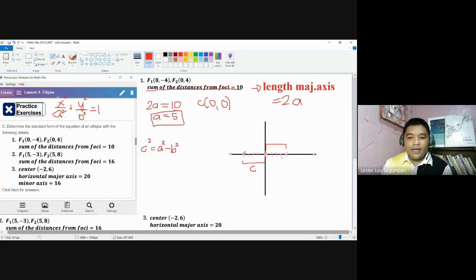The distance is 4, so the value of c is equal to 4. But that's not what we're looking for. We're looking for the value of b.